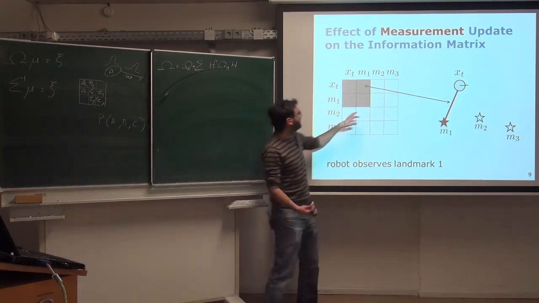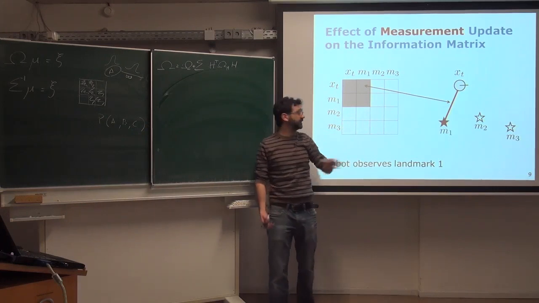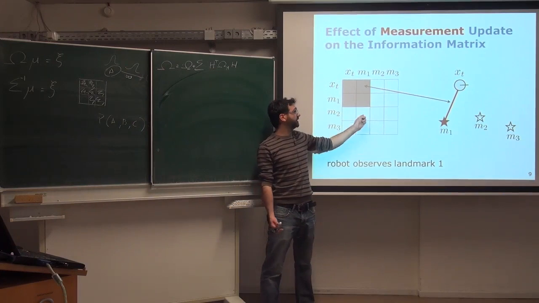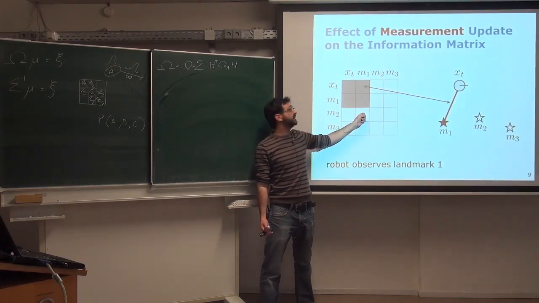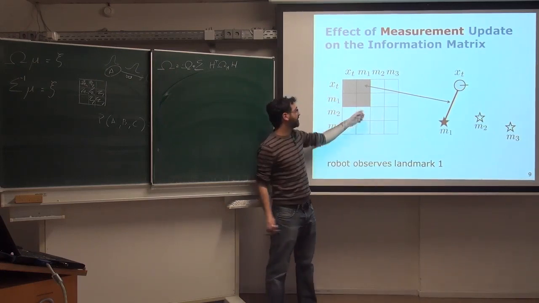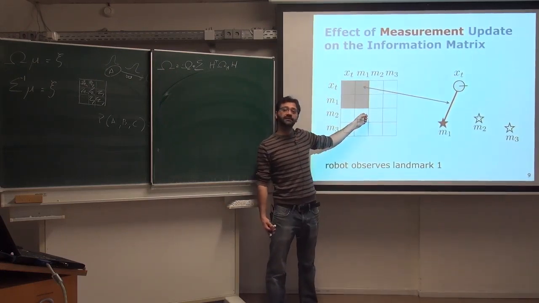So in case it's true what you said, that we observed M1 and we need to also update this part here, then it also means that when we observe M1, since we can swap them, we should have updated something here as well, right?